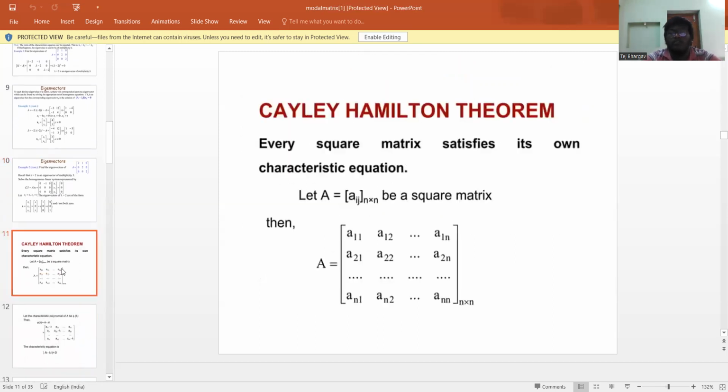Cayley-Hamilton theorem: every square matrix satisfies its own characteristic equation. Let A equal to Aij, an n by n matrix, be a square matrix. Then A is the matrix with entries A11, A12, up to A1n, A21, A22, up to A2n, and so on up to An1, An2, Ann.